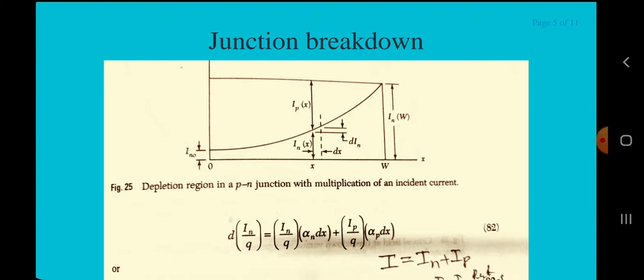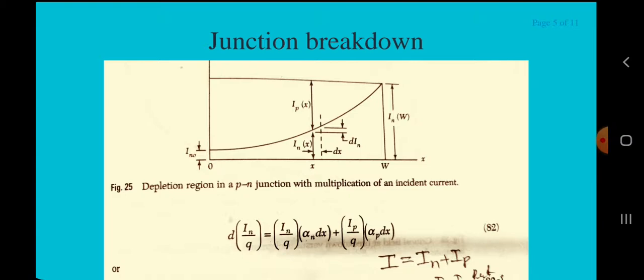The incremental current at x is equal to the number of electron-hole pairs generated per second in the distance dx. So if we take the differential, d(In)/q = (In/q) αn dx + (Ip/q) αp dx, where dIn/dx + (αp − αn) In = αp I, where αn and αp are the electron and hole ionization rates respectively.